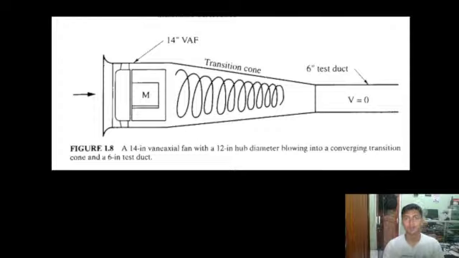Since the annular area was so small, the designer used a 6-inch test duct past the unit in order to get good air velocity. The duct had a transition cone from 40 inches down to 6 inches, as shown in that figure, right?